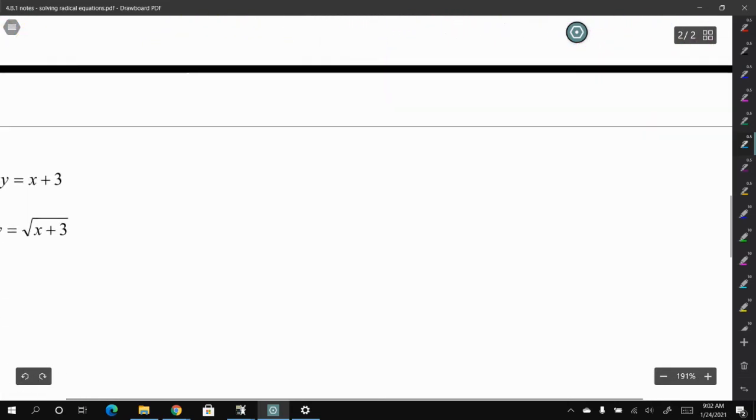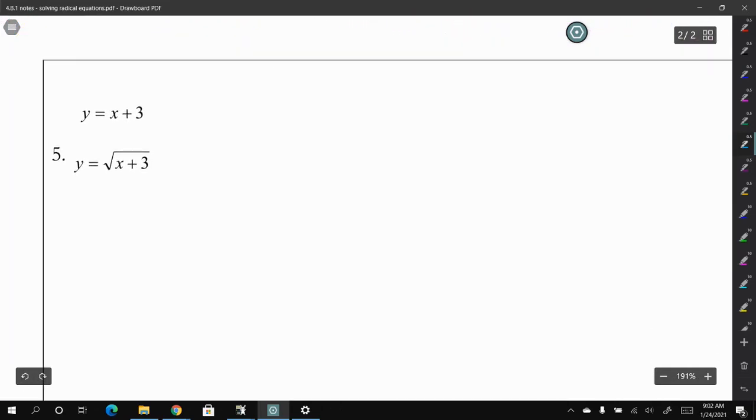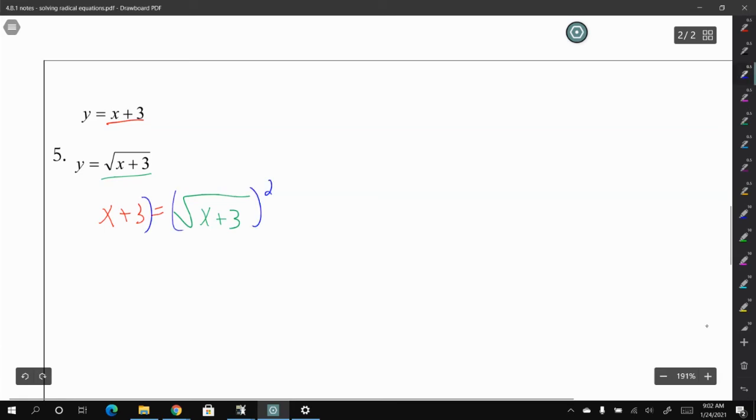Now the last problem on the next page doesn't look too bad at first, but it's going to require a bit of work. So we have x plus 3. So you have the square root by itself already, so we're going to square both sides. The problem is when we square the left side, and I know we've talked about this before, if I do 5 squared, that's 5 times 5.